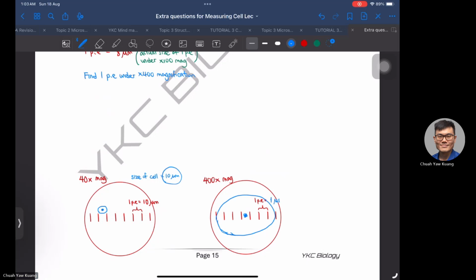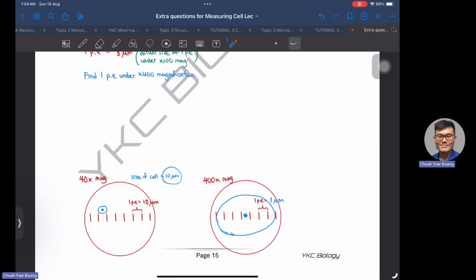So that's why we said, even though the image size is the same, the actual size of the pitch of this eyepiece reticule has decreased. Obviously, we can see it based on the size of the cell when we increase the magnification.